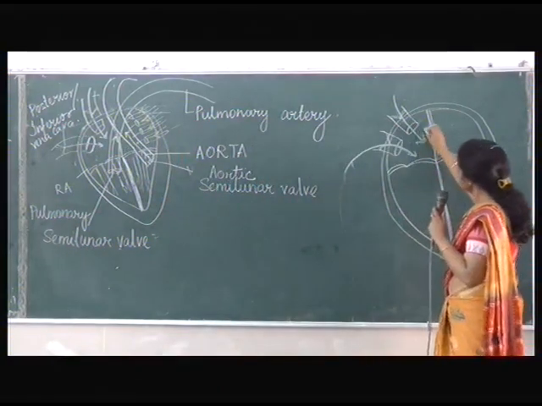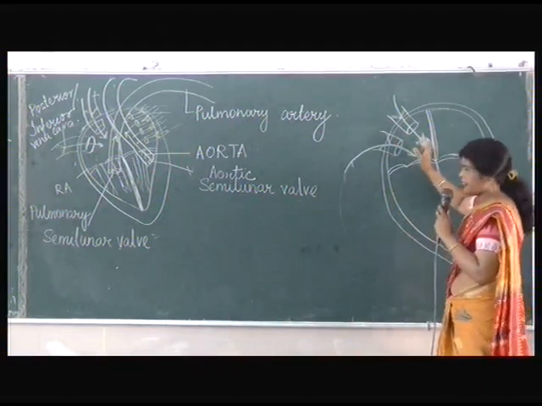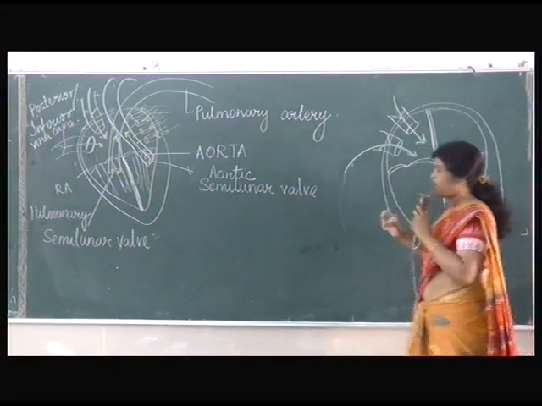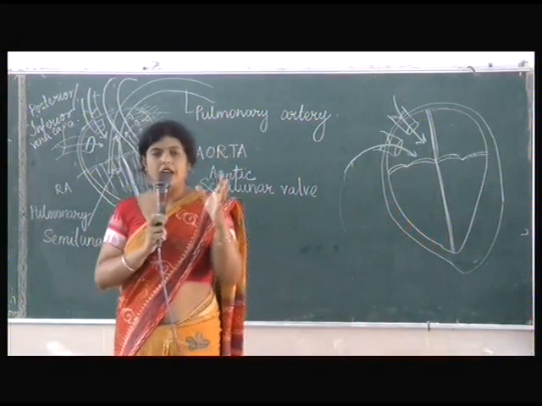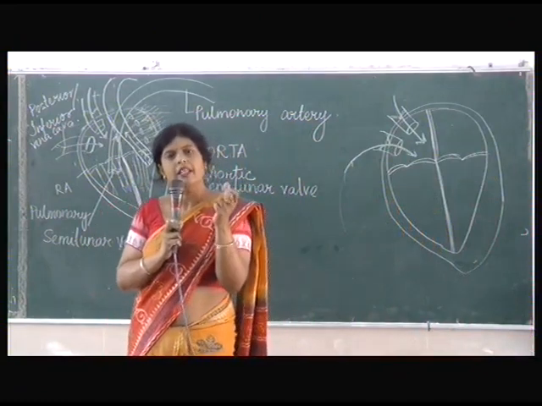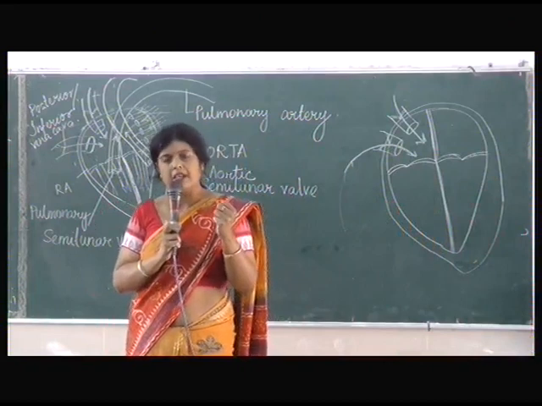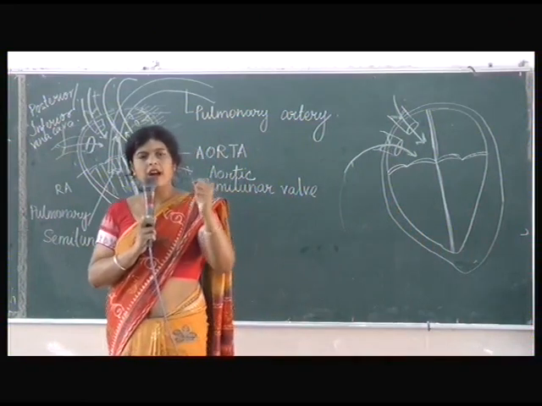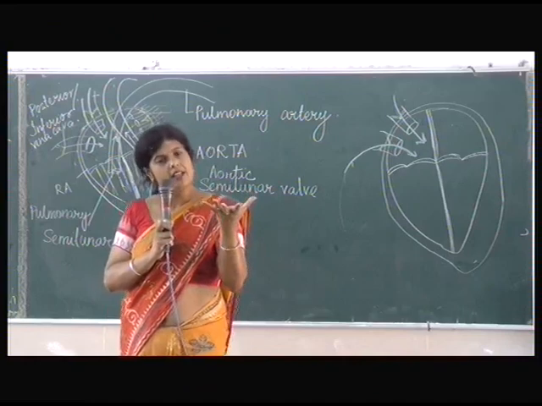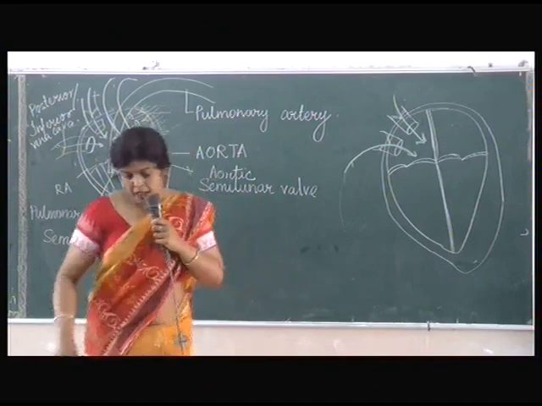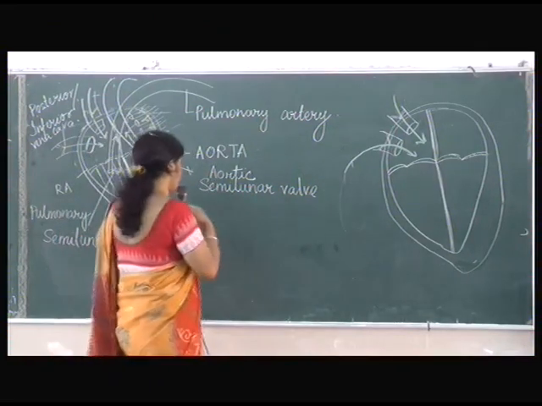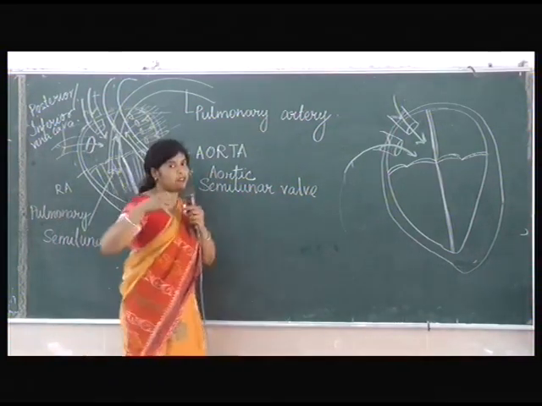Okay, so when this enters into the heart, now we will come to know about two terms. The chambers of the heart are either relaxing or they are contracting. Is it clear? The heart muscles are relaxing or they are contracted. So what are the terms used for contraction and relaxation phases of the heart?